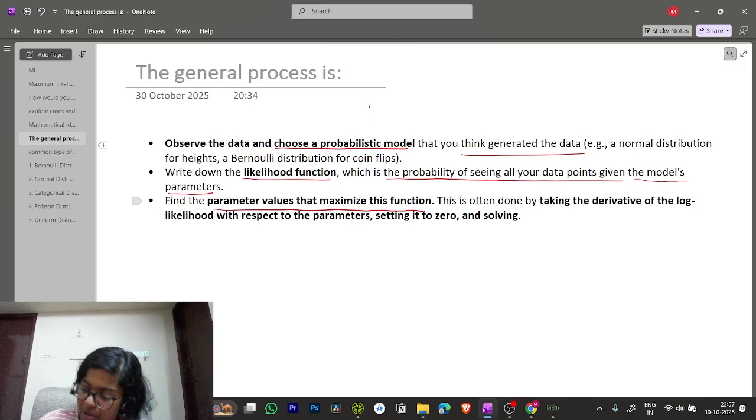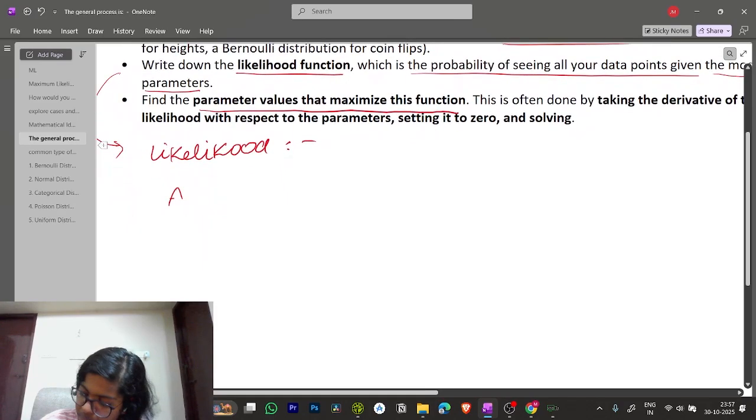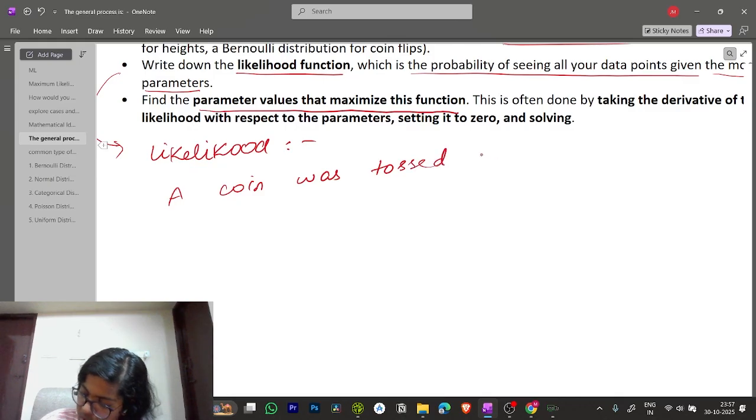So first you write the likelihood function. Let's say a coin was tossed 7 times.